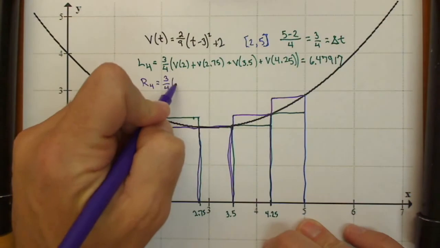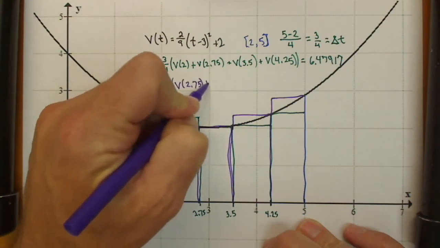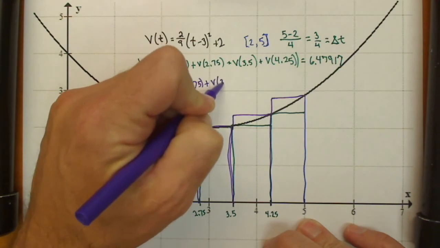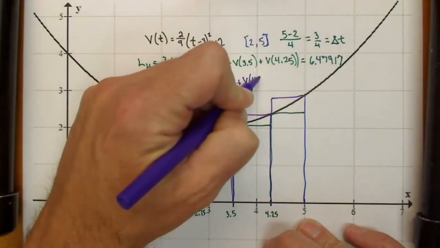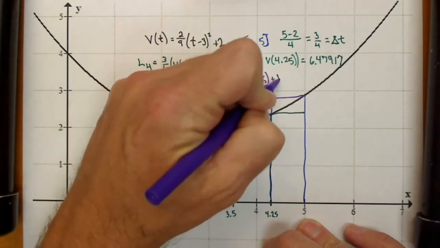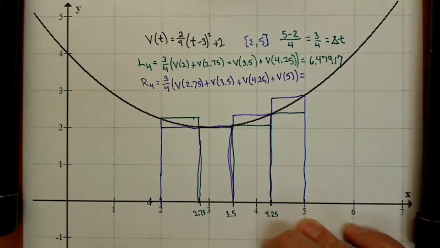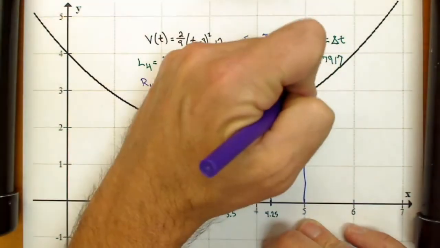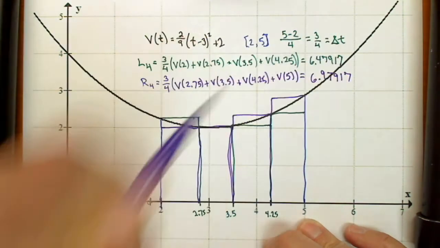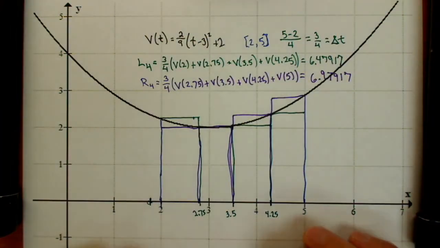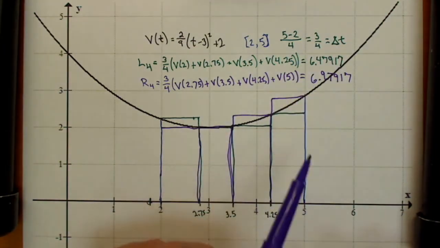So all these points are going to stay the same: v of 2.75 plus v of 3.5 plus v of 4.25 plus v of 5 is now added on. If you calculate this, you get 6.97917 for the right-hand rule. So based on our rectangles, it looks like our distance traveled is somewhere in between there.